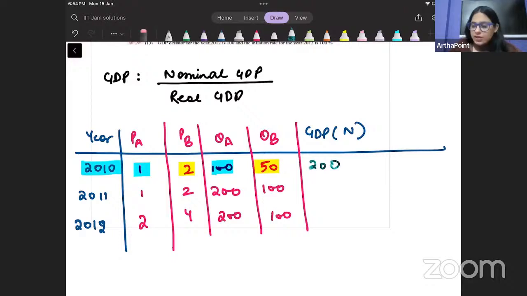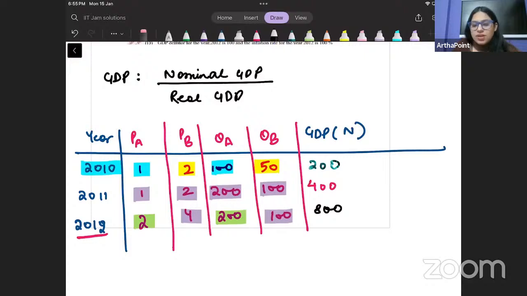For 2011, nominal GDP will be 1 into 200 plus 2 into 100. That means 400. For 2012, nominal GDP will be 2 into 200, 400 हो गया, plus 4 into 100, 400. So that means 800. So nominal GDP will always be the current year price into the current quantity. So this into this plus this into this. ये हो गया nominal GDP.